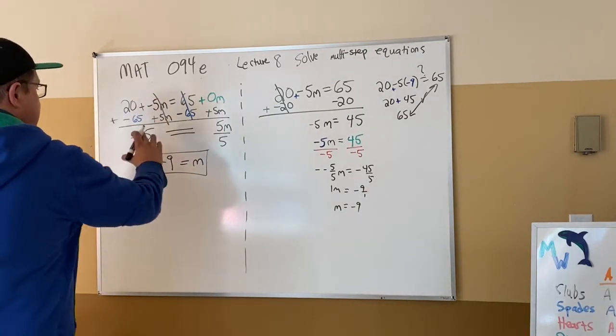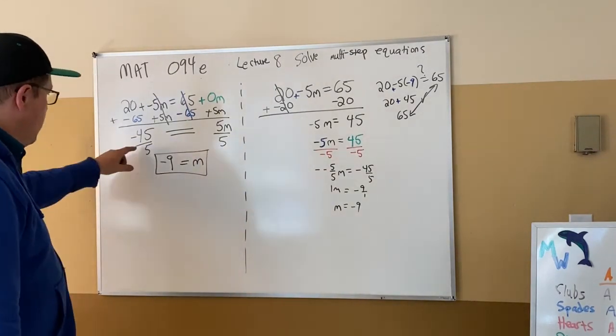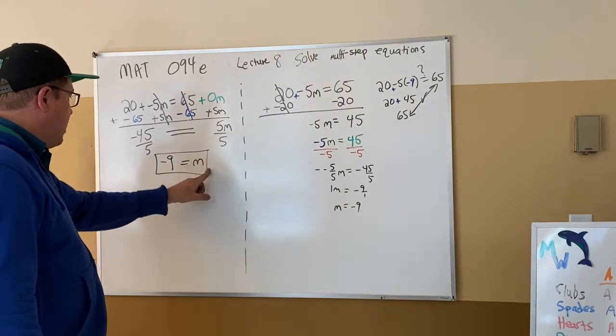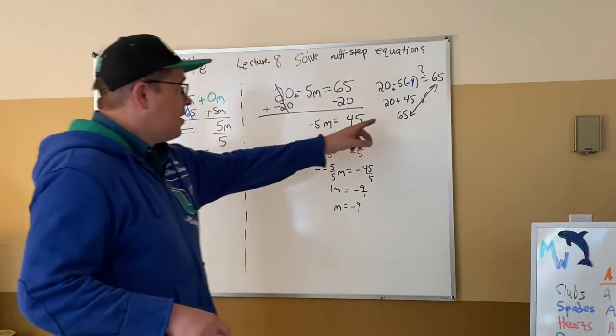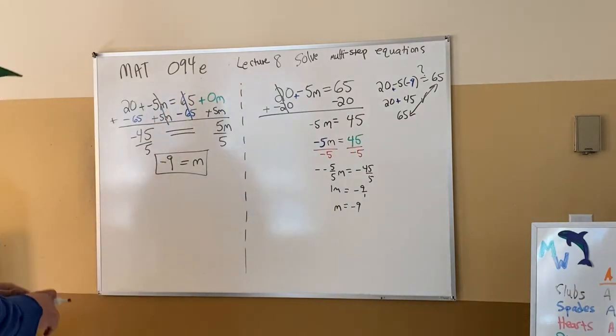And now I have this that a lot of people say, hold on, that's backwards, you can't do that. That's perfectly fine. M is here, number is here. Divide both sides by 5 because m still has to be gotten alone, and I got that answer. For the same exact reason that it worked here as negative 9, it will work here as negative 9 when you go back to check it.